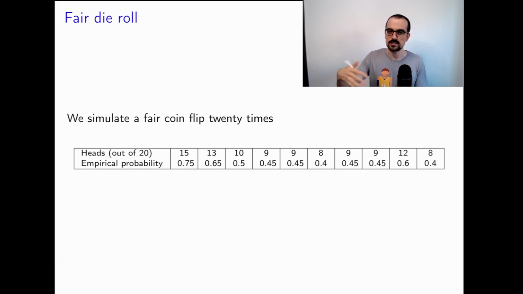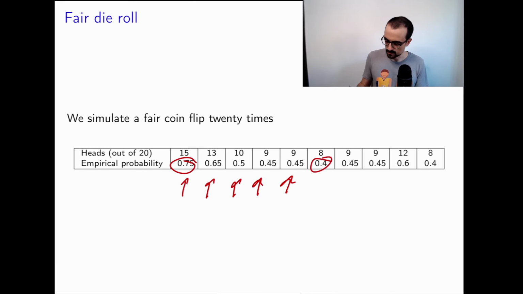We had flipped 20 times and we repeated the simulation 10 times. In each of the repetitions we see that most of the time the estimate is far from perfect. One time we're lucky in this one.